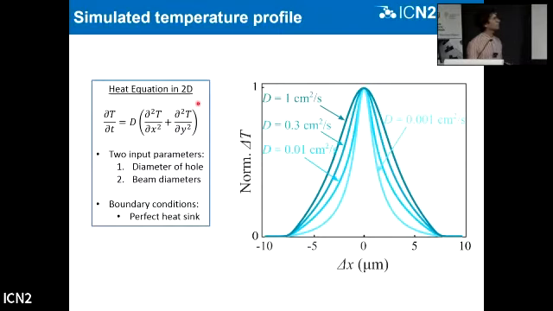The graph on the right shows that our earlier intuitive understanding of a broader profile corresponding to a higher diffusivity was correct, as we can resolve increases in the width of the spatial profile, which correspond to higher diffusivities.